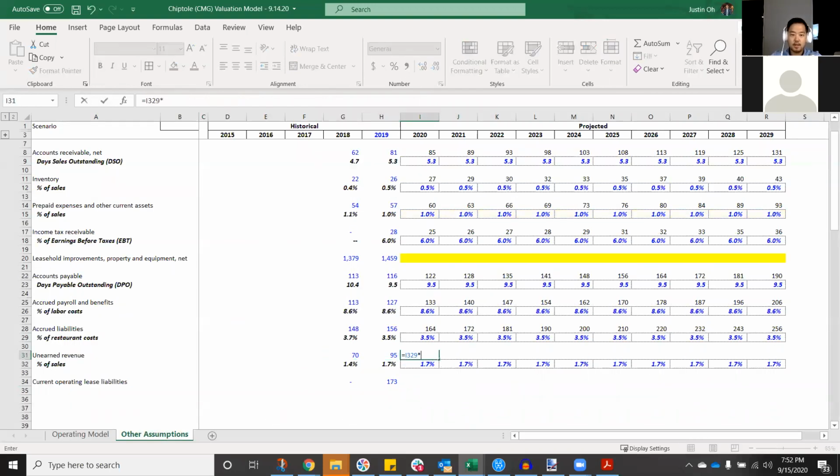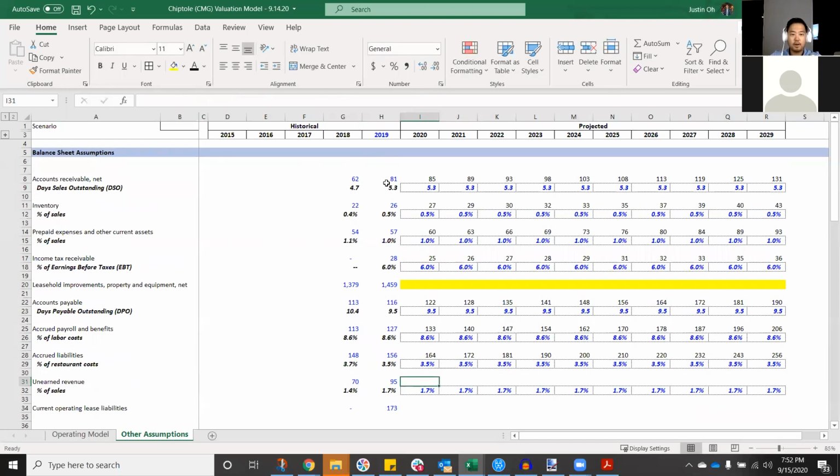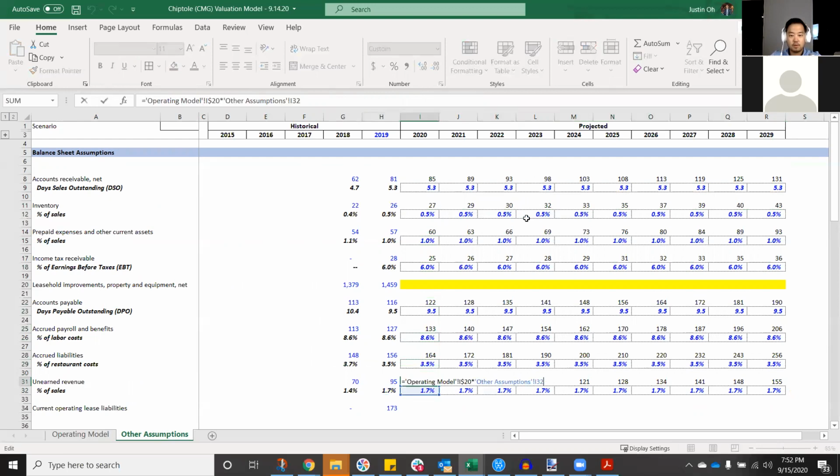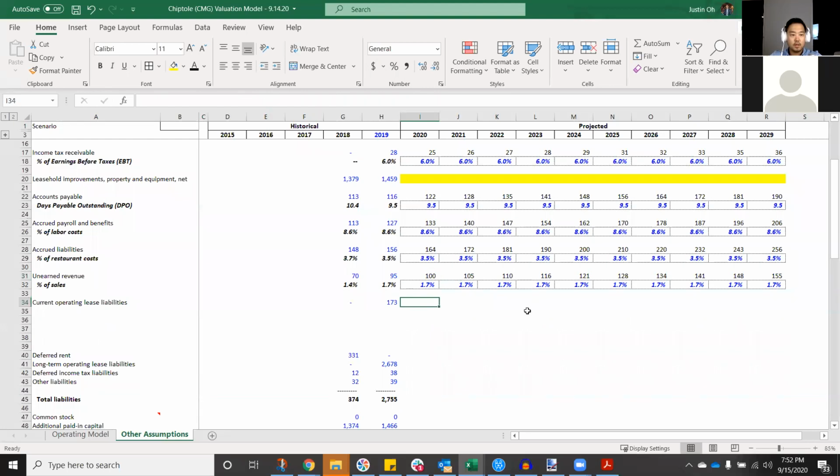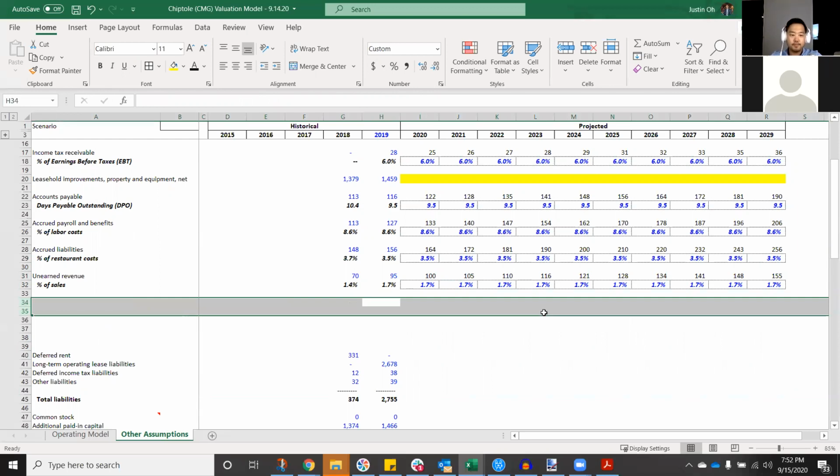Equals that times, well, we have that already too, percentage of sales. There it is. Okay, cool.